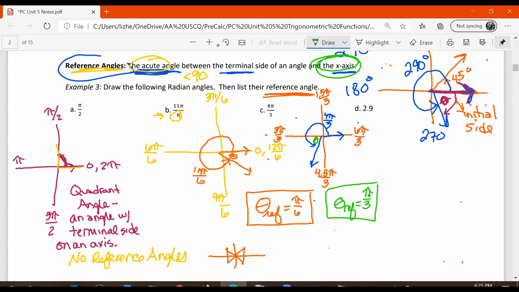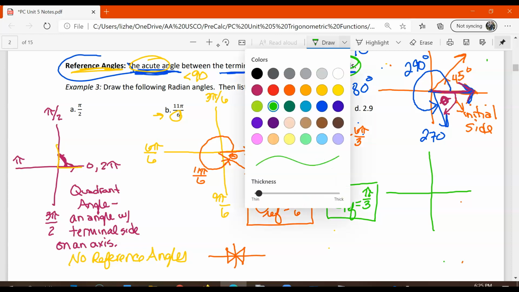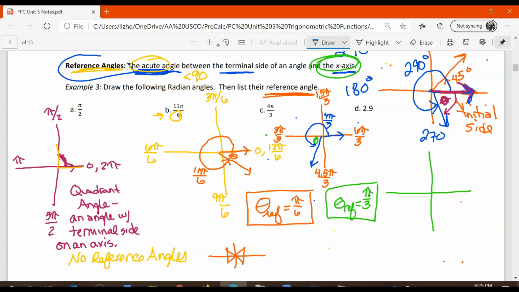Okay, and then now the last one is 2.9, and that is radians because it does not say degree. And so we are going to graph that. Keep in mind that this is pi, and let me put another color in so we keep it all separate, even though it's pretty chaotic. There we go. Okay, this is 0, this is pi, and we know pi is approximately 3.14.